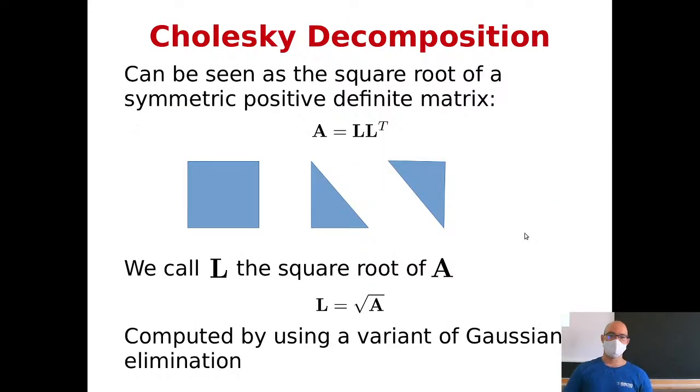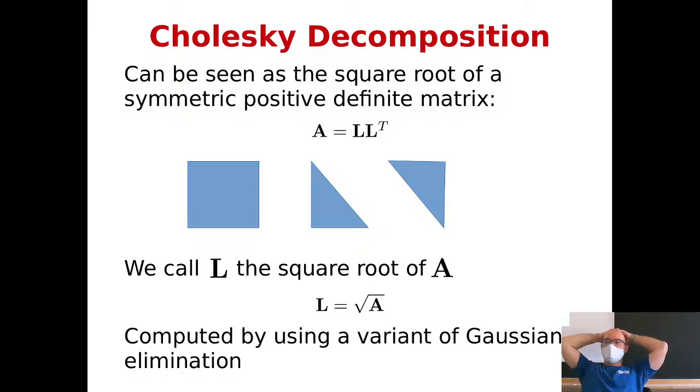So let me recap for those of you that have never seen the Cholesky decomposition. The Cholesky decomposition is yet another decomposition of a matrix that must be symmetric and positive definite.